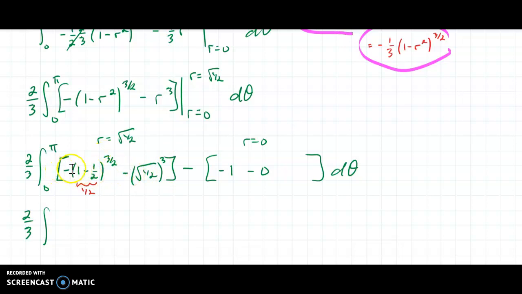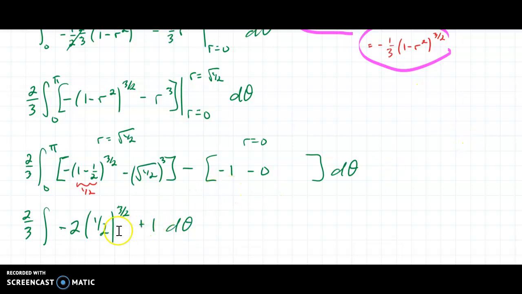So this has a negative and that has a negative. So they're actually negative 2 times 1/2 to the 3/2. Hopefully you see that. We can rewrite this as that. And then there's a double negative, plus 1, and then my d theta.